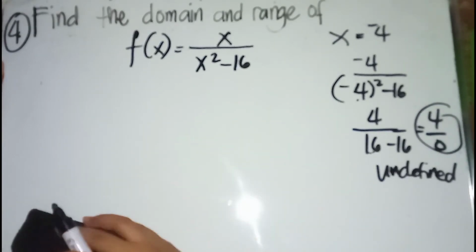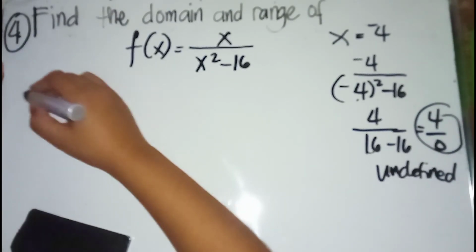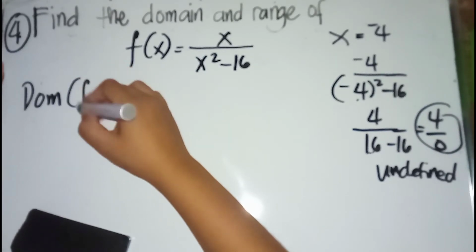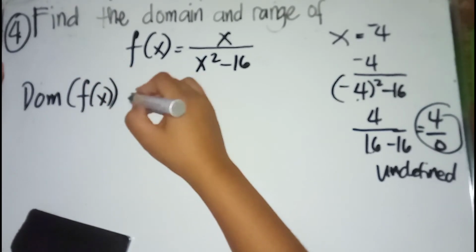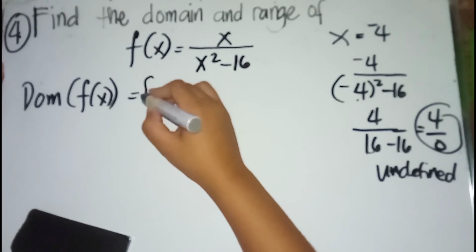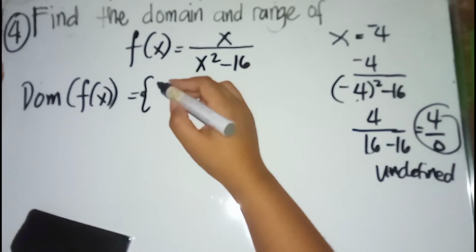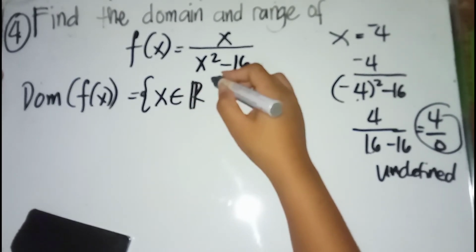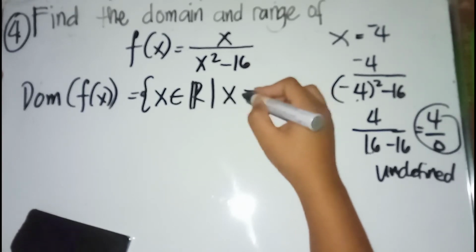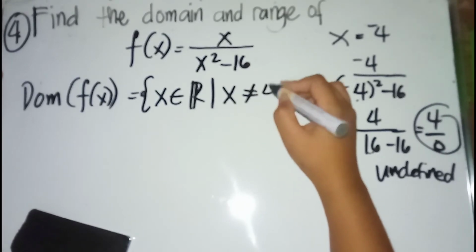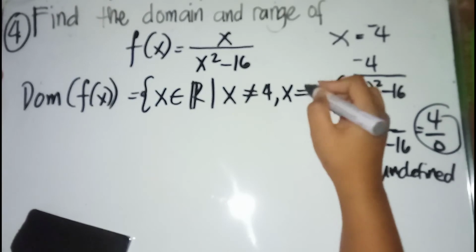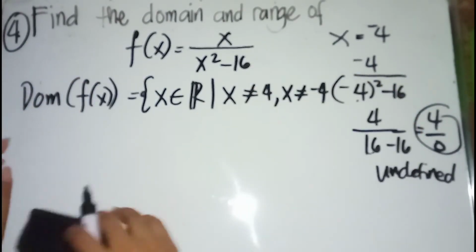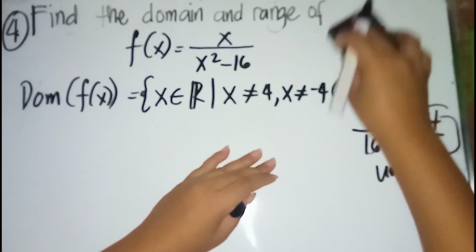So we can also write this as domain of function f of x is equal to the set of all x that are members of all real numbers such that x must not equal 4 and x must not equal negative 4. Then we close it.